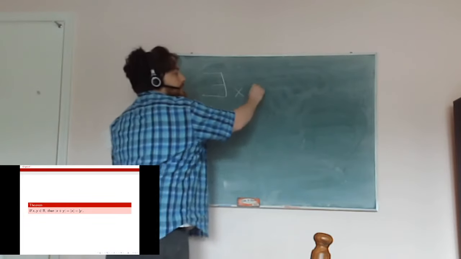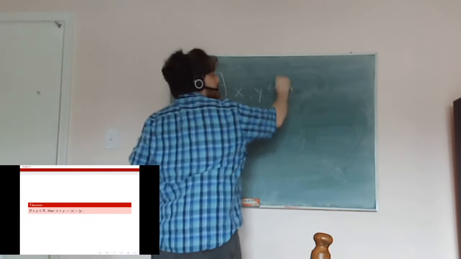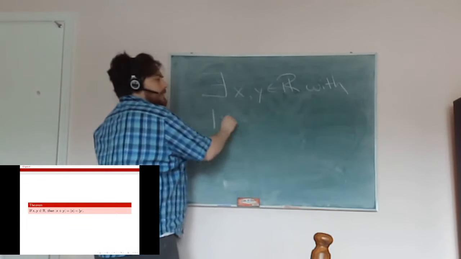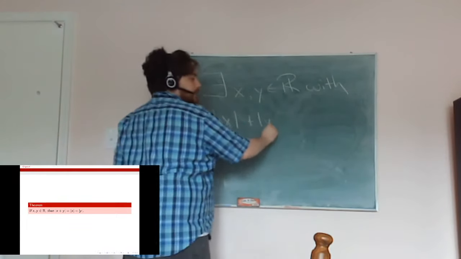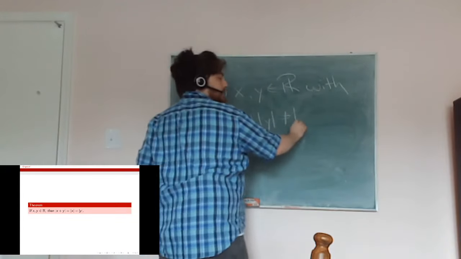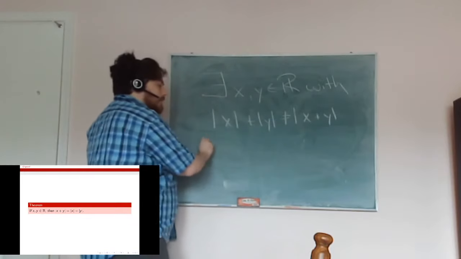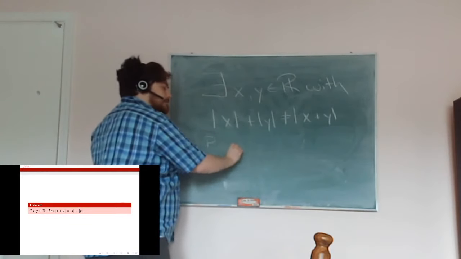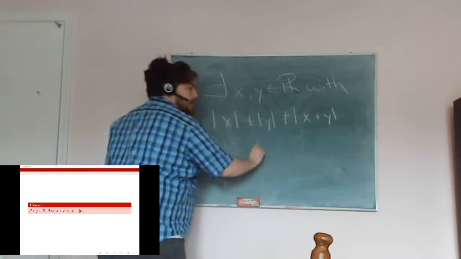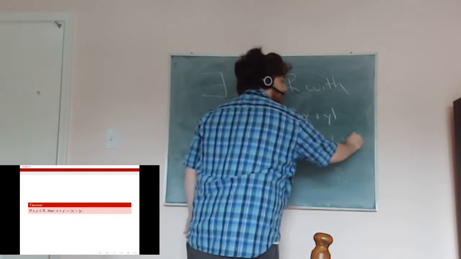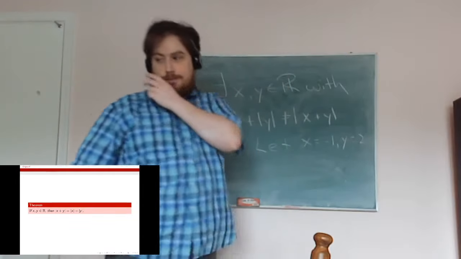But I'm going to say there exists an x and y in R with |x| + |y| not equal to |x + y|. And remember, our proof was: let x equal -1, y equals 2.